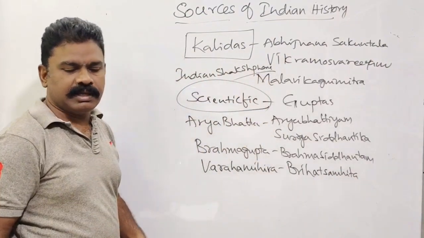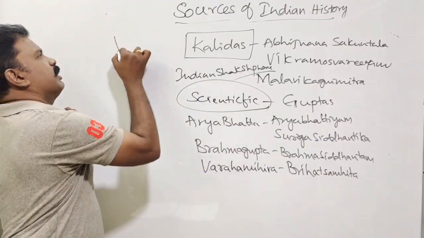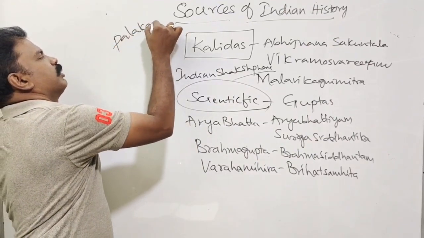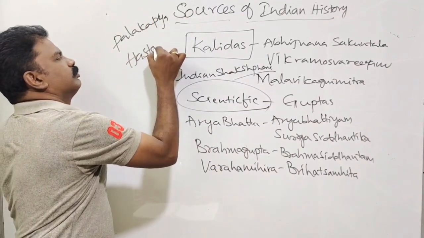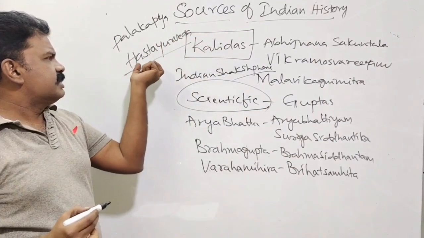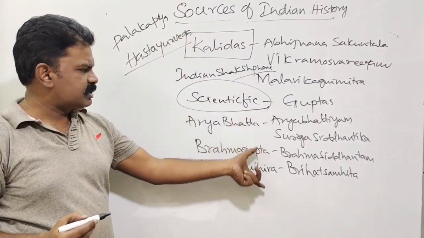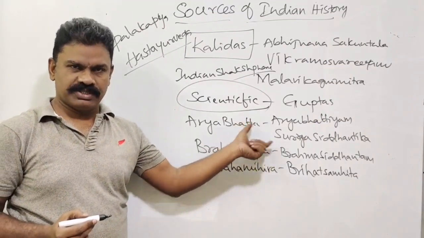Charaka wrote Charaka Samhita. Palakapya wrote Hastyayurveda. This is a medical science book. All these are books of astronomy and astrology.